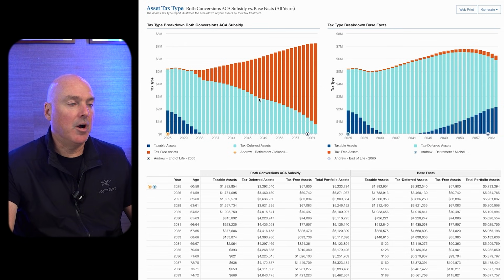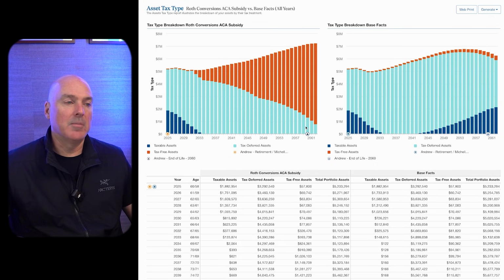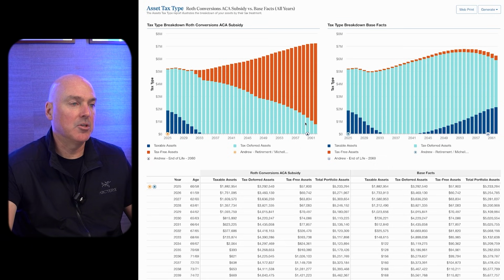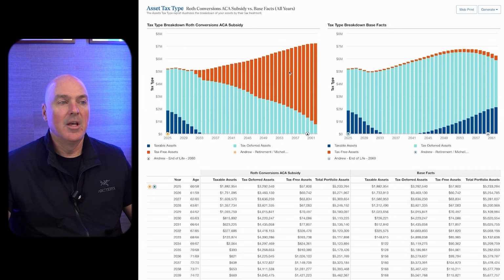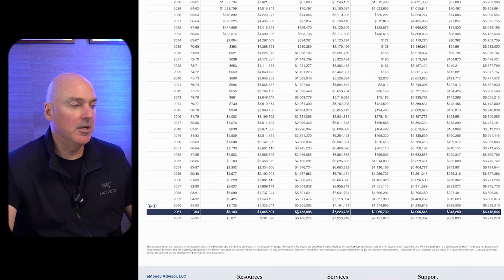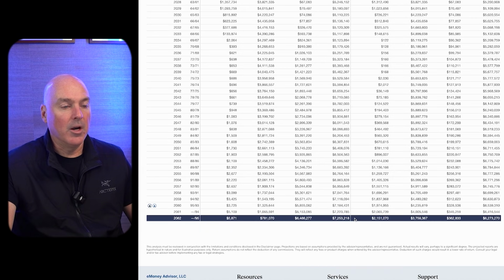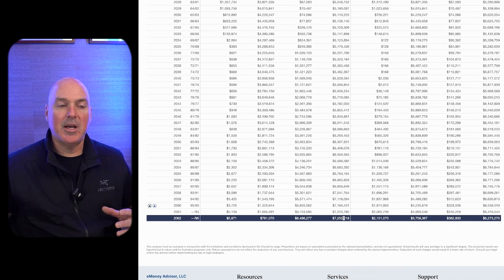Now, with doing those Roth conversions and then coupling that with this ACA subsidy strategy, we basically have drastically reduced the amount in that traditional bucket, and we've also drastically increased the amount that's in that Roth bucket. So when we run this out to age 95, we have a lot more money, about $1 million more in that strategy where we map this out a little bit better.